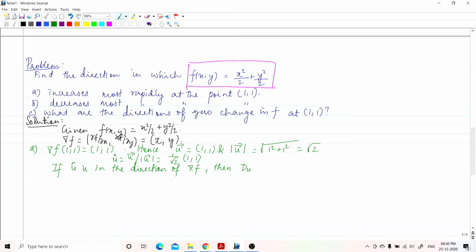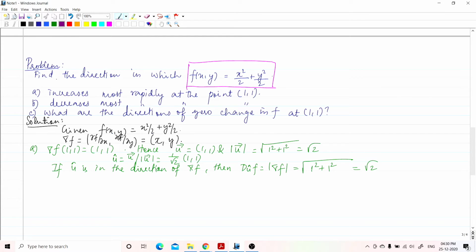Then your D_u f is going to be the absolute value of del f. What is the absolute value of del f? It is under root 1 square plus 1 square, root 2. So this is your maximum directional derivative.